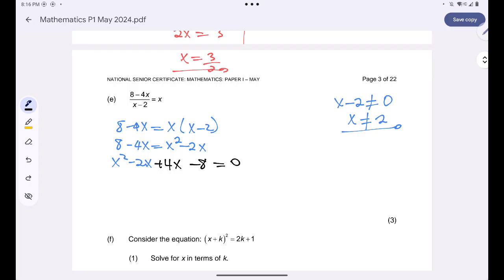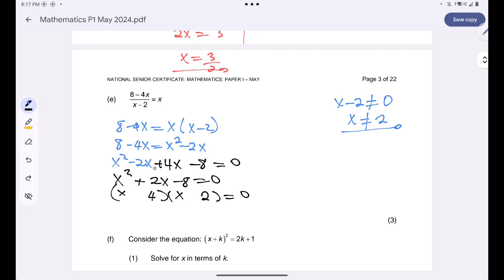The ones that are written in black, please note that I've moved them from one side of the equation to the other, and hence they change their signs. So I simply have x squared minus 2x minus 8 is equal to 0. I want to have the factors of 8 that when I subtract will give me 2. That's simply 4 and 2.